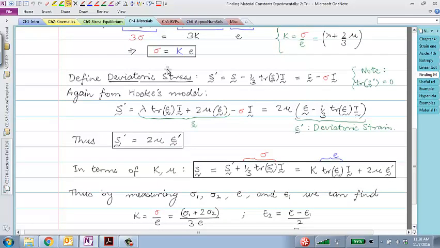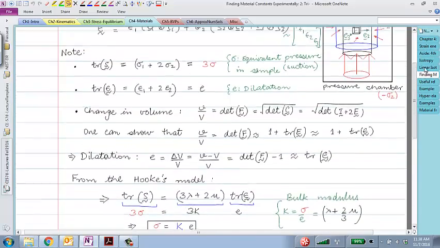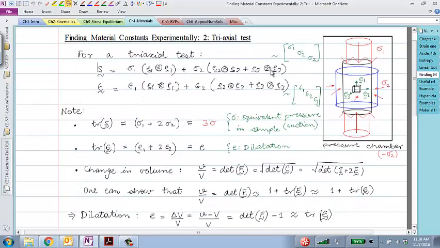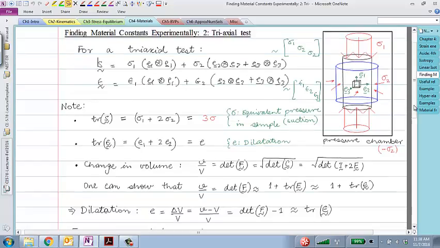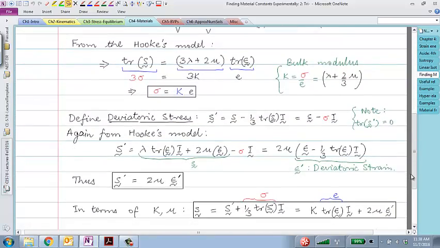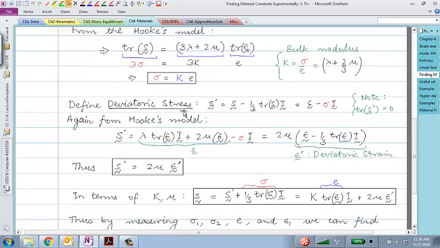If we know the stress state, this was the stress state: sigma 1 in E11, sigma 2 in E22 and E33. So we can define a deviatoric component of stress, which is often represented as S prime. That would be the original state of stress at a point minus 1/3 trace times identity.